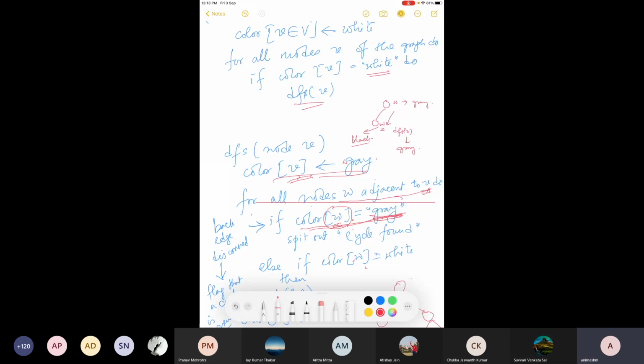This will work for the directed graph because there is explicit adjacency. And we will be doing the directed cycle. So we have to make some small modifications here and there for the undirected graph. I'm sending the undirected graph algorithm just after the class.